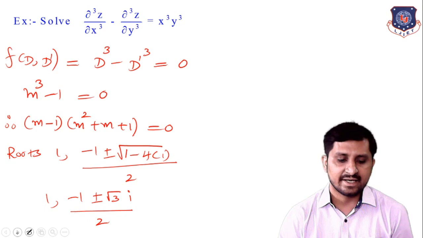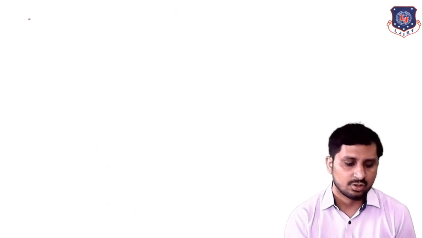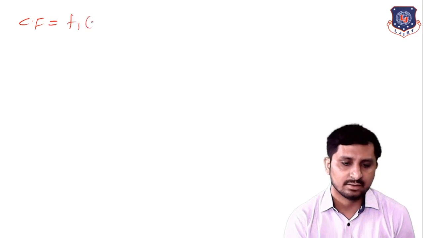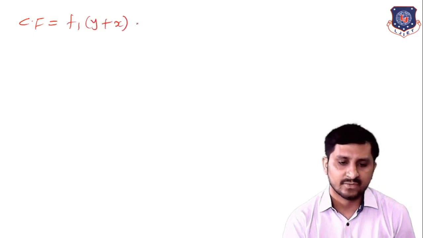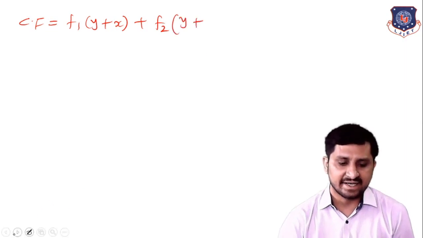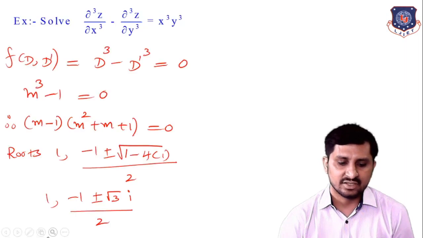So that's why I can write the complementary function is equal to f1 of (y plus x) plus f2 of (y plus m2 x). What is my m2? Second root is nothing but minus 1 plus root 3i divided by 2.